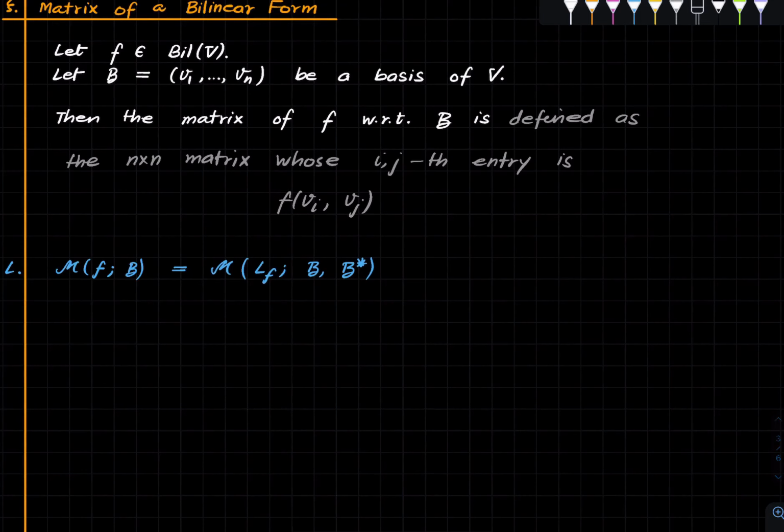So the ijth entry is, just evaluate F on this pair. It's a natural definition.